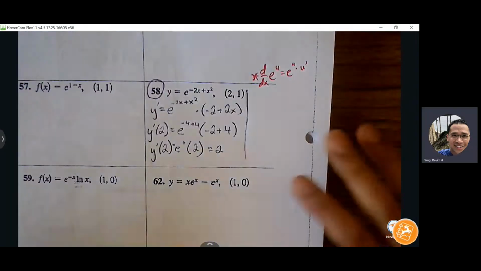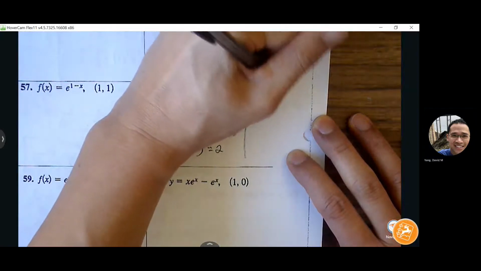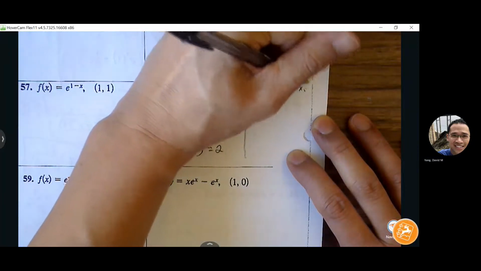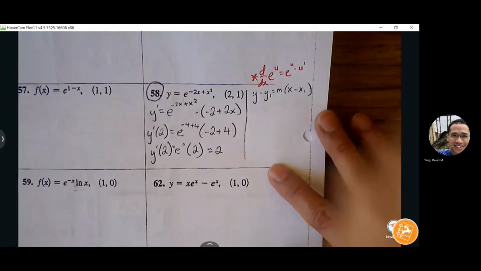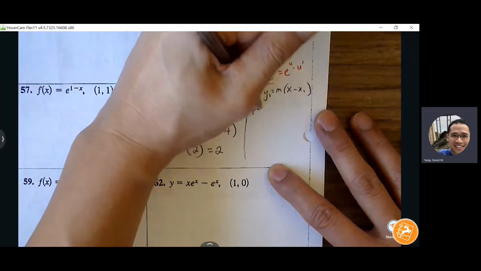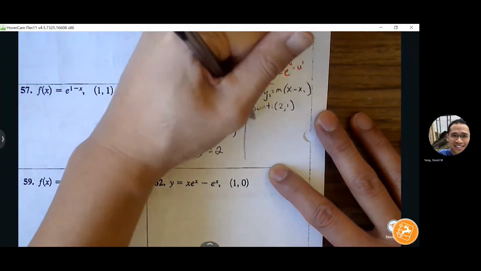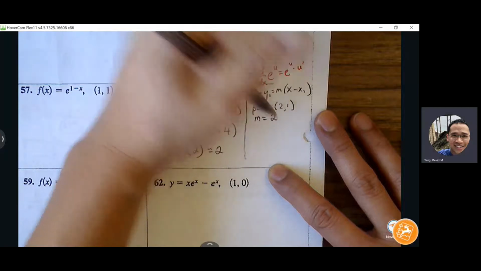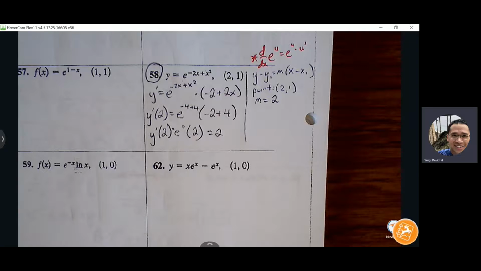Okay, let's set up point-slope form. That's fine, either way.